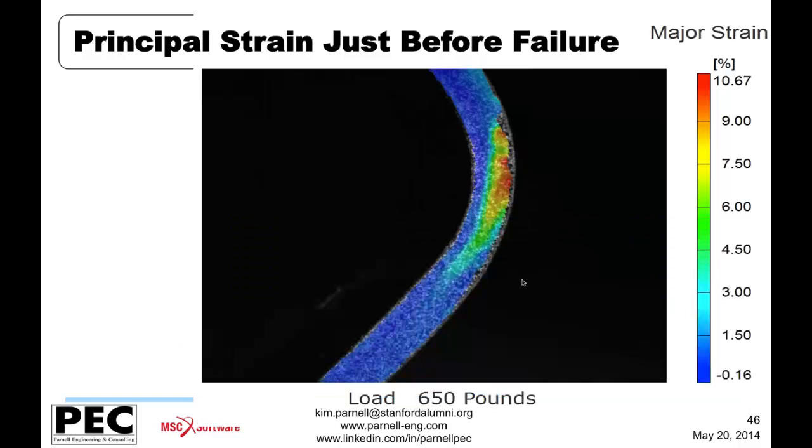And then finally, one just before failure. So this is looking in one of the bins of the heel component, and we're up to, for this component, a load of 650 pounds. The way this was fixtured and loaded, failure was on the order of 650 to 700 pounds in a compressive loading mode.